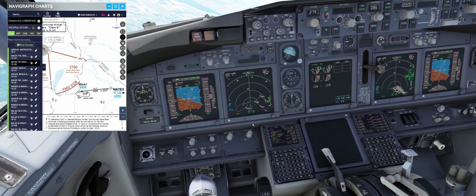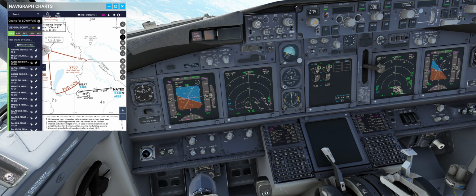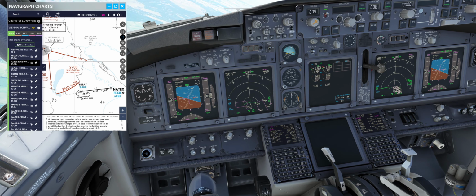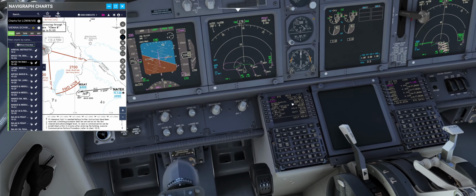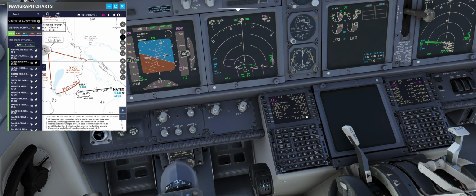So now the airplane will keep our holding, the published holding, which is inbound course 069. As you can see, he will make it with the left turns.